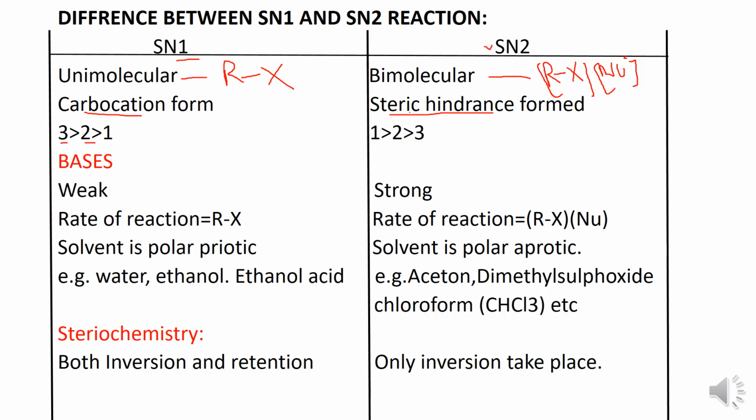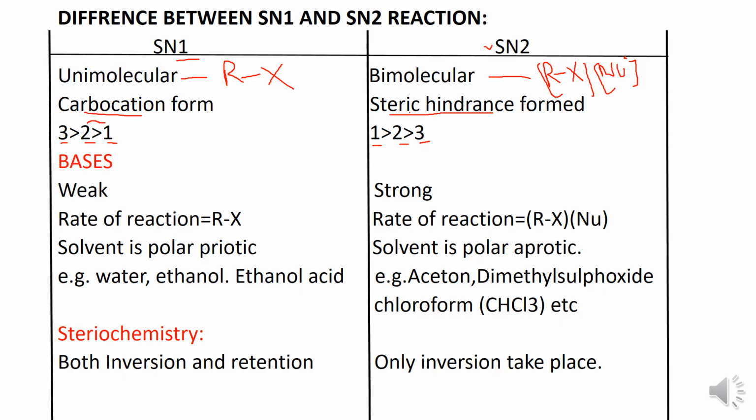If we compare 2-degree carbon with 1-degree carbon, the carbocation formed is very weak. While steric hindrance is formed strongly in the presence of 1-degree carbon as compared to 2-degree or 3-degree carbon. That's why the order for the SN2 reaction is 1 degree, 2 degree, 3 degree, while the order for the SN1 reaction is 3 degree, 2 degree, 1 degree.